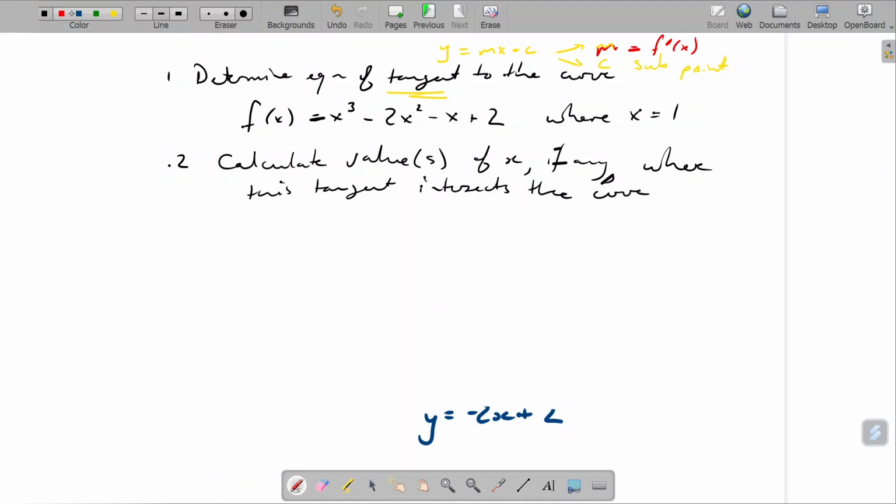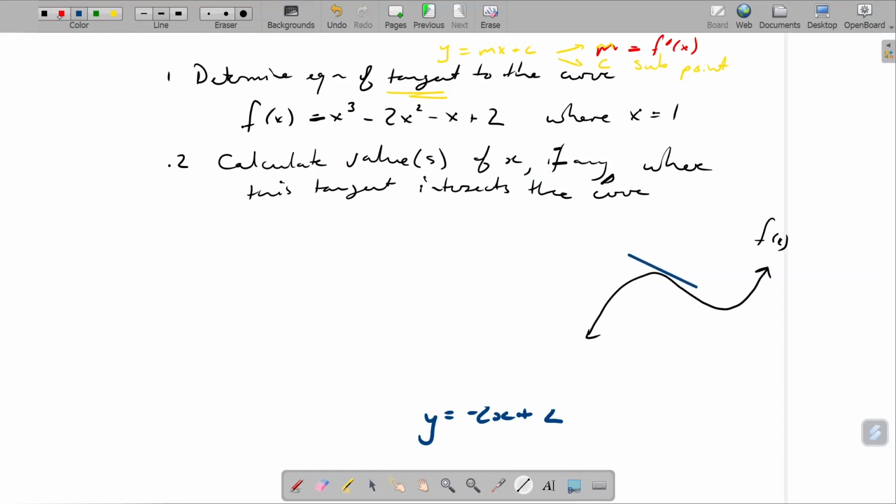So what we have had here is a curve. It's a curve that's doing something along the lines of that. It is the typical cubic shape. It has this sort of S shape to it. We have found a particular tangent that does this, and it's got a negative gradient.